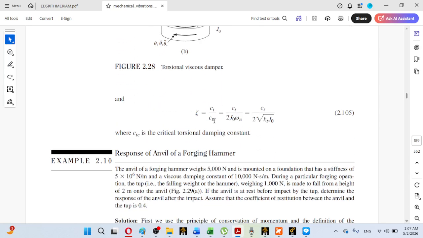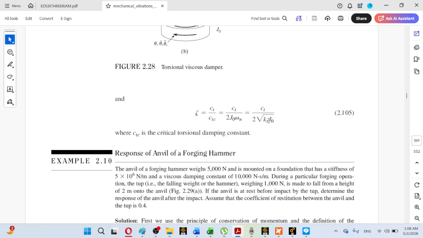So here this damping factor means the ratio of the torsional damping constant to the critical torsional damping constant. So it's like its linear equivalent. In the linear system that was 2 m omega n. So for the torsional system, m has been replaced with J naught, so 2 J naught omega n. And its other alternative in the linear case was 2 square root km.